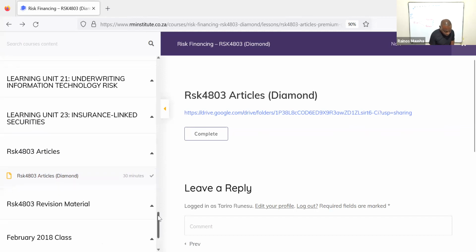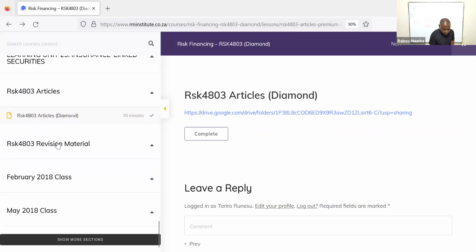As you go down, for this particular package, you don't have access as yet to revision material, because when you have access, if you click on this tab, you should be able to access the revision material. The revision material is where you're going to be able to access the past assignments and the official memos to the past assignments.